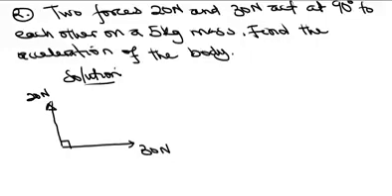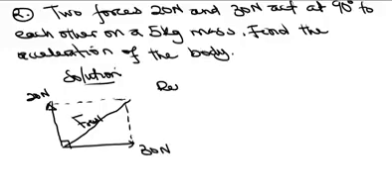So here we are going to find the resultant force, F resultant. The resultant force is the first thing we are going to use to determine the acceleration of the body.